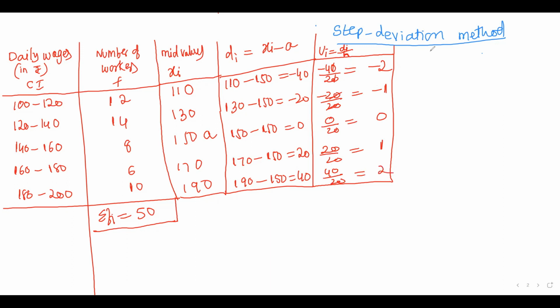This is ui. You will always get serial numbers: minus 2, minus 1, 0, 1, 2. Like these types of numbers you will get in any problem. Whatever may be the problem, you will always get minus 3, minus 2, minus 1, 0, 1, 2, 3.